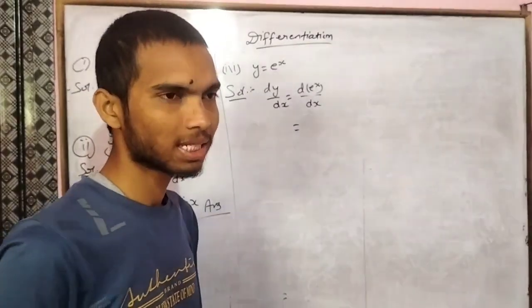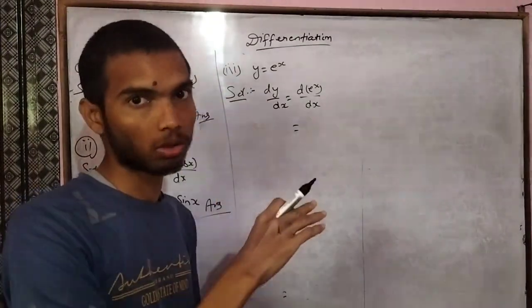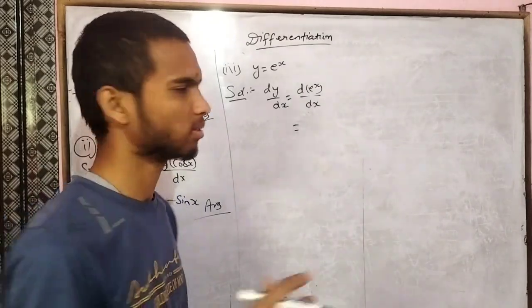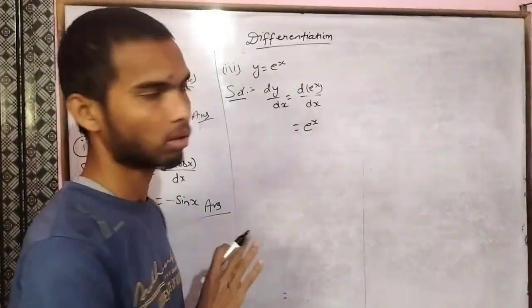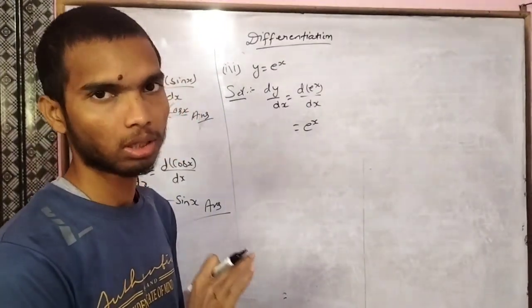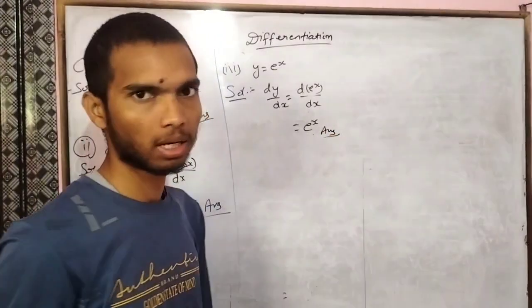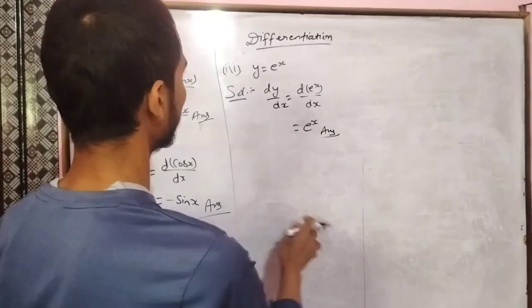Now, it is said that the differentiation of e raised to the power x would be as it is. There is no change in the equation e^x. Okay. So in this case, we will observe that there is nothing changed.